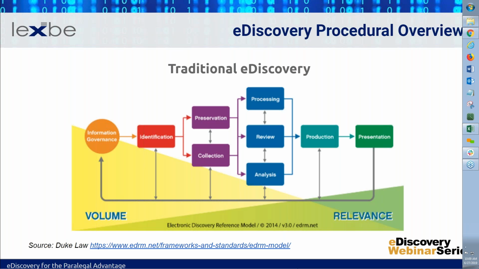Processing is converting the ESI, in most cases, to a form that is more suitable for your review and analysis process. You don't want to go and review everything in Outlook. That would make you crazy. It's hard to run searches. It's almost impossible then to preserve the work product that you have done. So you need to put it into a program like Lexbe so that it can get processed.